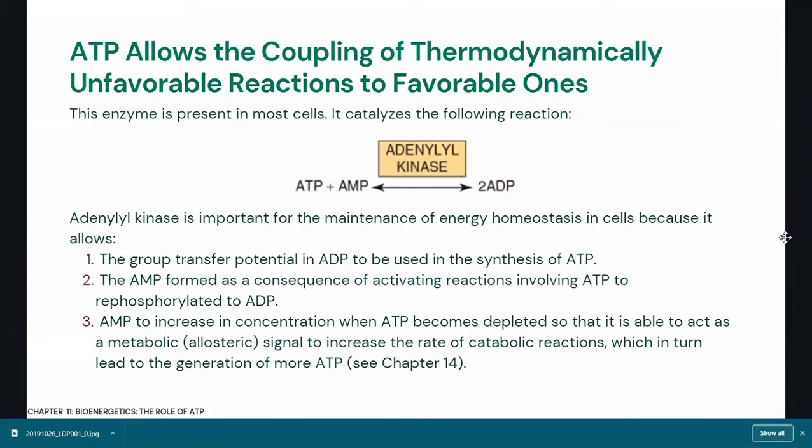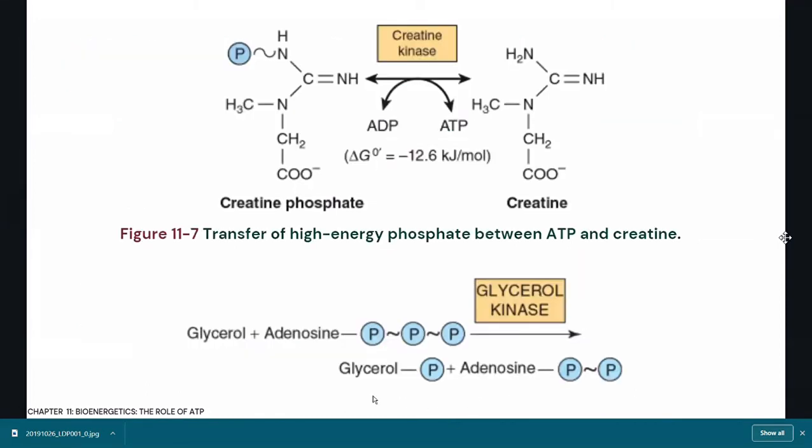ATP allows coupling of thermodynamically unfavorable reactions to favorable ones. That is your endergonic reaction requiring energy, and the energy being used comes from ATP. So this is glycerol phosphorylation utilizing ATP. You now have glycerol 3-phosphate.